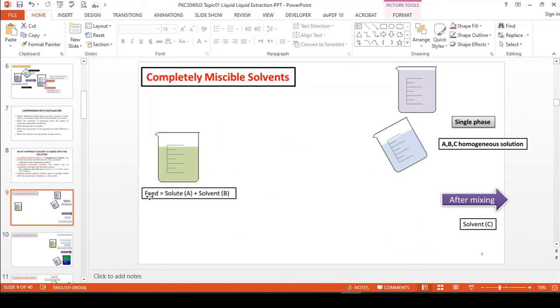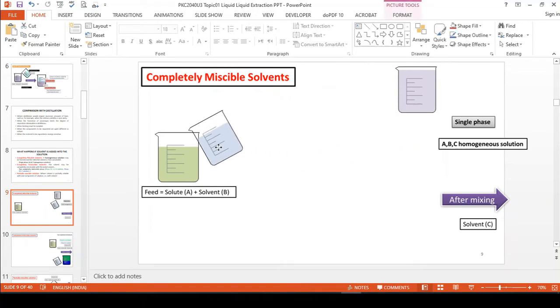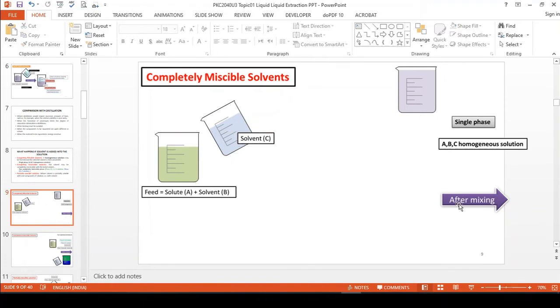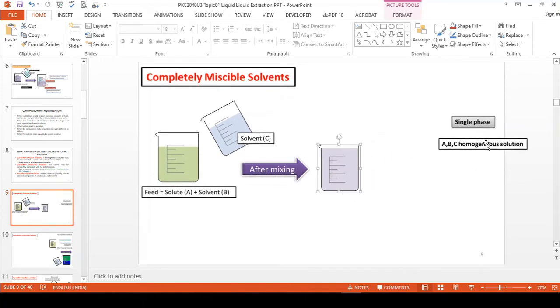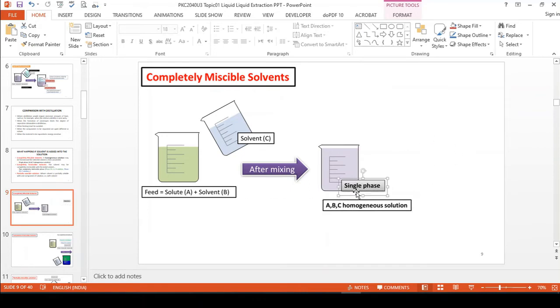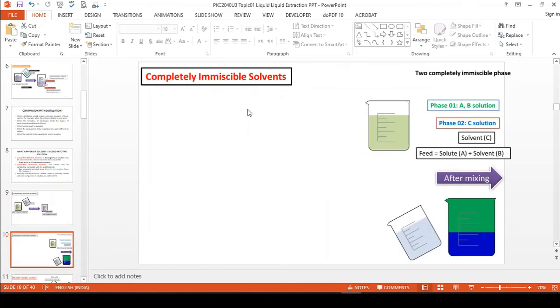For example, if there is a feed of a solution where solute A and solvent B are there, and we add a third material that is a solvent, after mixing we get a homogeneous mixture of A, B and C in a single phase. So this is the situation where completely miscible solvents are there. This is of no use for the liquid extraction process.